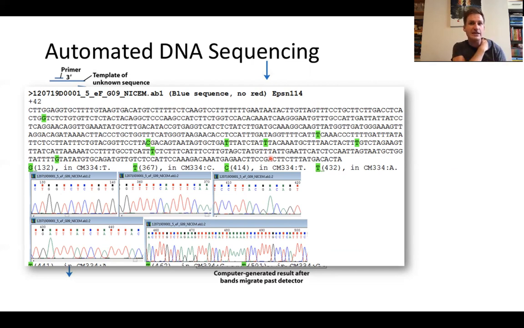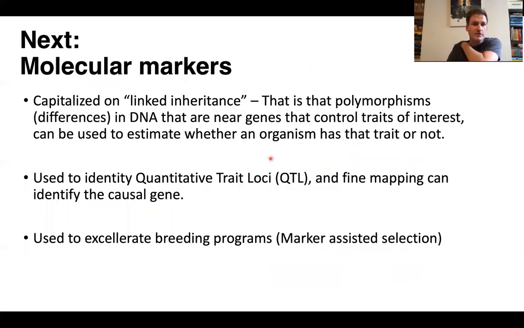You're trying to find these differences, and then some of those differences will actually matter in terms of your trait of interest. And you can use those for breeding or for selection or for gene identification. It's really versatile. So I think that hopefully introduces our next topic of molecular markers.